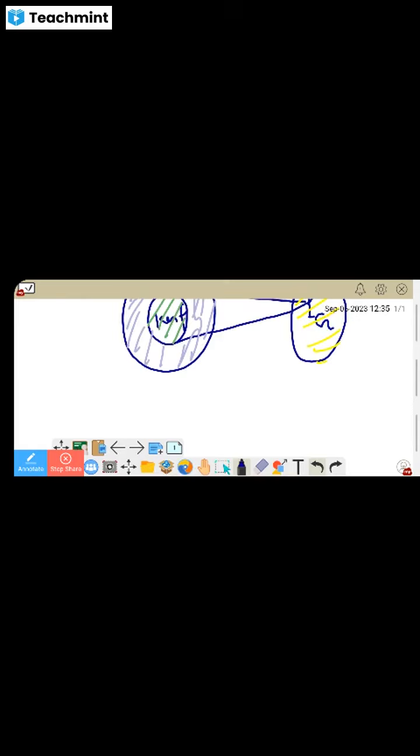So this is G, and this is G dash, and this is mapping F for epimorphism.